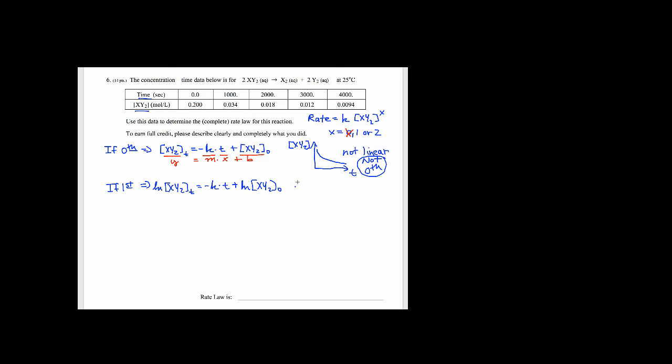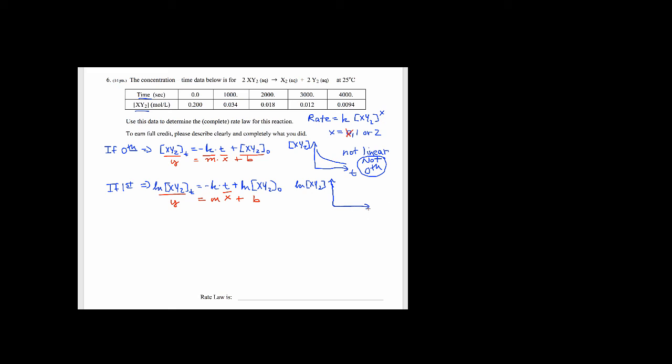And that, of course, would mean if we were to graph ln of concentration of XY2 versus time, then we'd get a straight line. So same thing as before, x and y, slope and intercept.